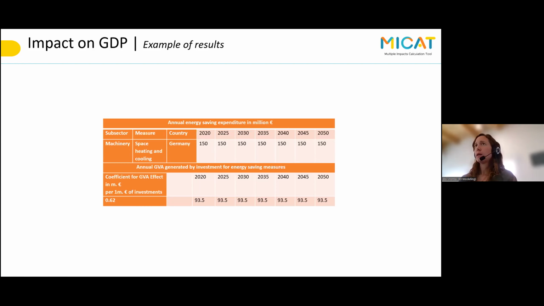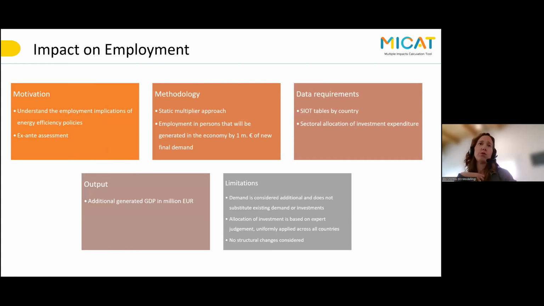Now, a similar approach is followed for the employment assessment. Here, what we want to understand is what are the employment implications and what would be the level of employment generated because of these new energy efficiency measures.